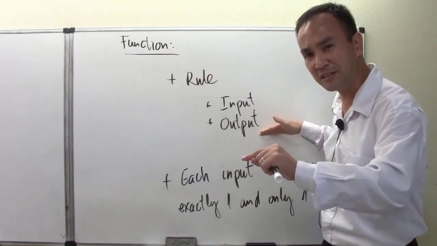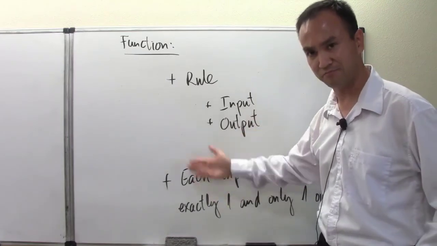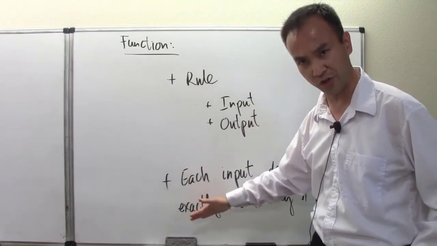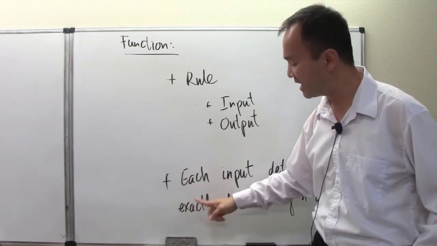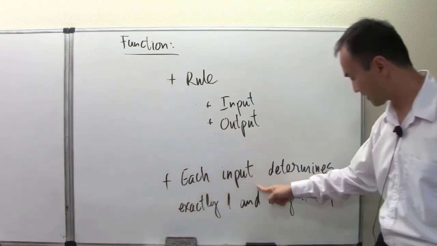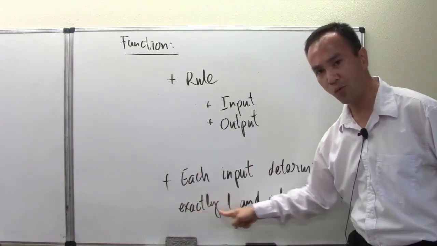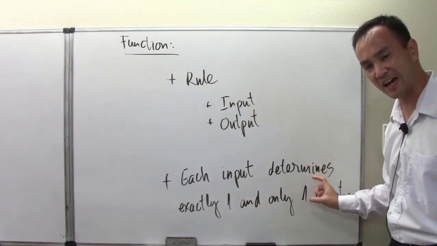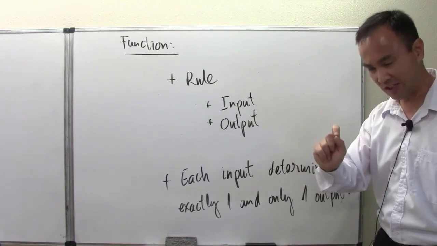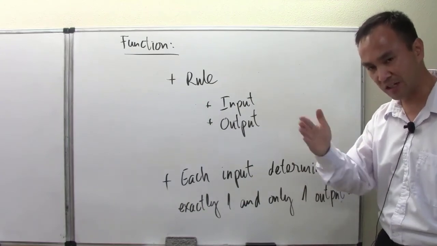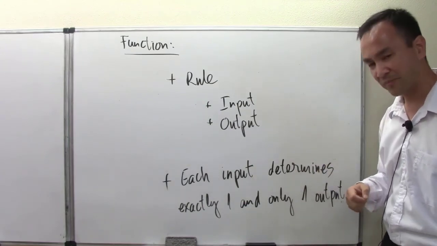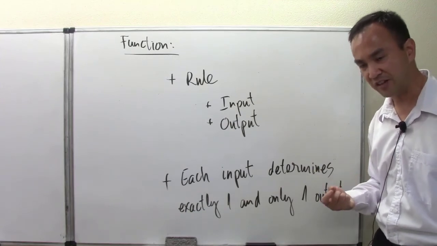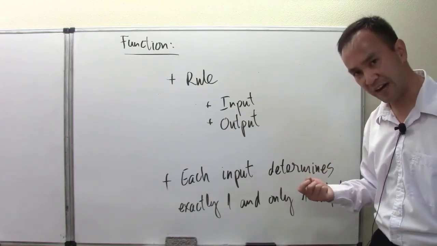But furthermore, as another quite important requirement, each input determines exactly one and only one output. And this is the key that helps us determine, among the different graphs, which one represents a function and which one is just any other graph out there.